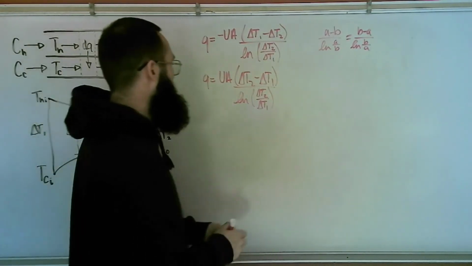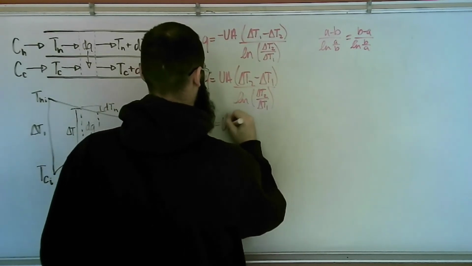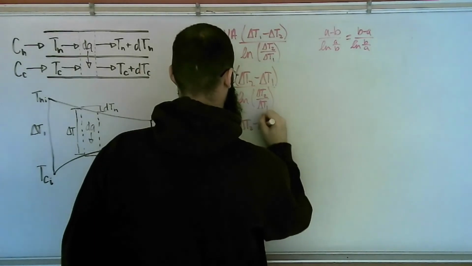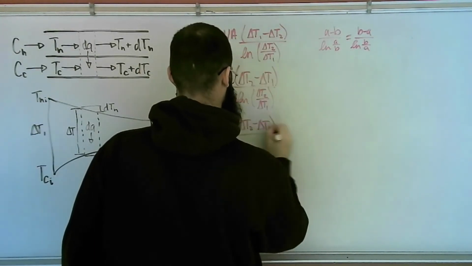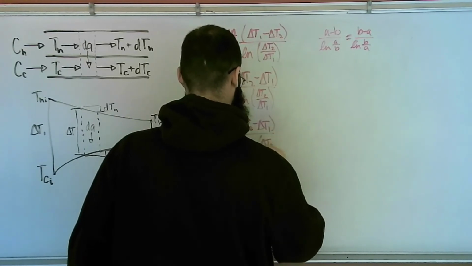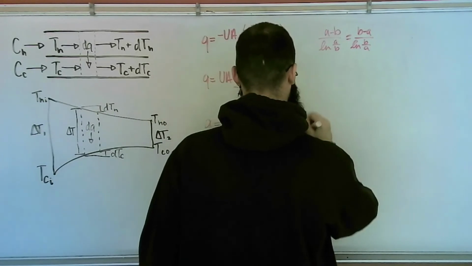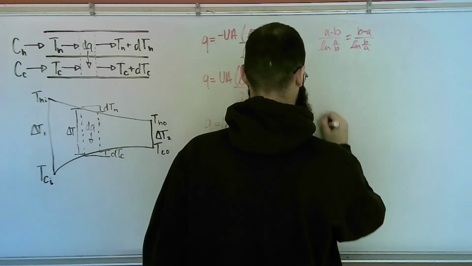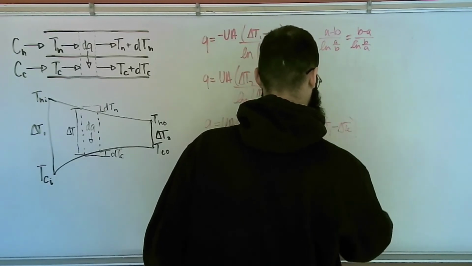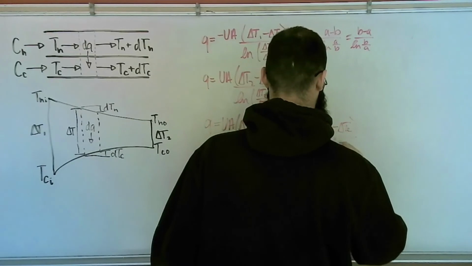So, by knowing this, we can say that Q is equal to UA (delta T2 minus delta T1) over the natural log of delta T2 over delta T1, and that's going to be equal to UA times (delta T1 minus delta T2) over the natural log of delta T1 divided by delta T2.